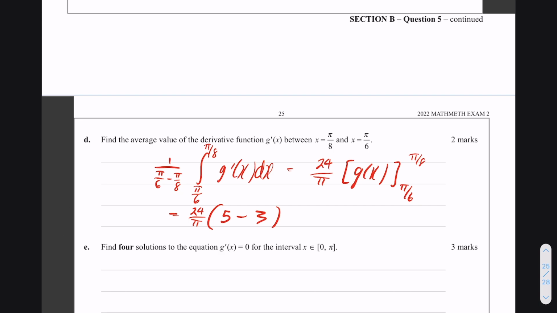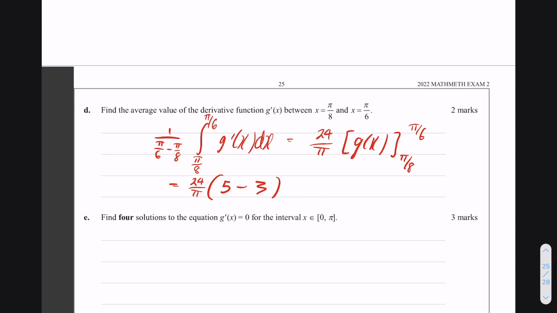Sorry, I made a mistake. It's pi over 8 to pi over 6. And that makes this the other way around. So 3 minus 5, which is negative 48 over pi.